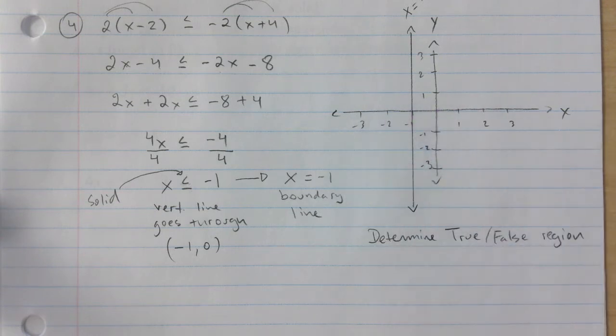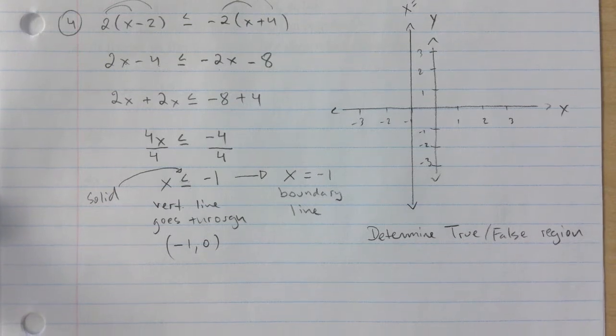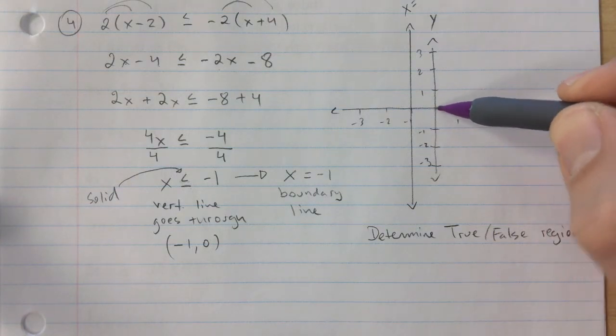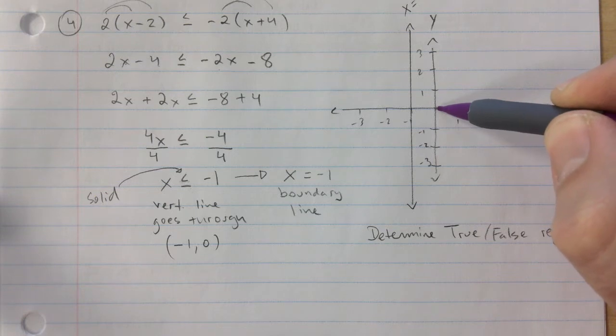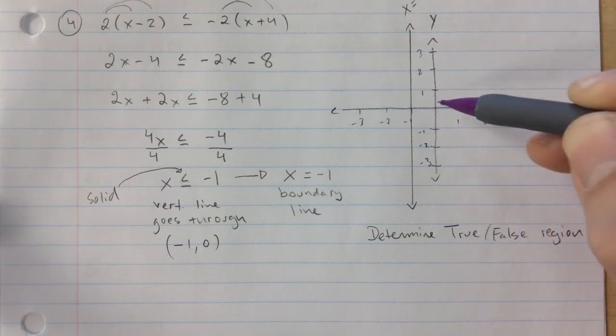And so if one is right, the other one is false. So this is how we do this. We usually pick 0, 0. And notice that 0, 0 in this particular example is to the right of the boundary line. Note that.